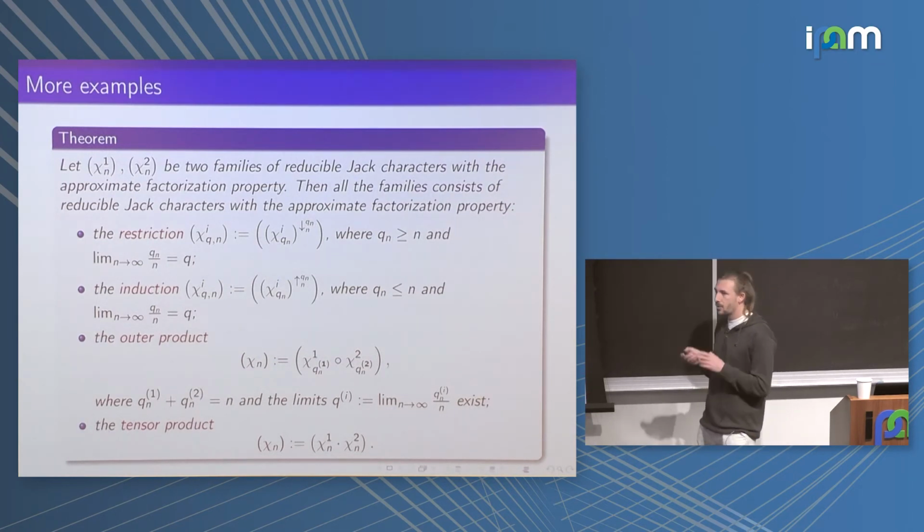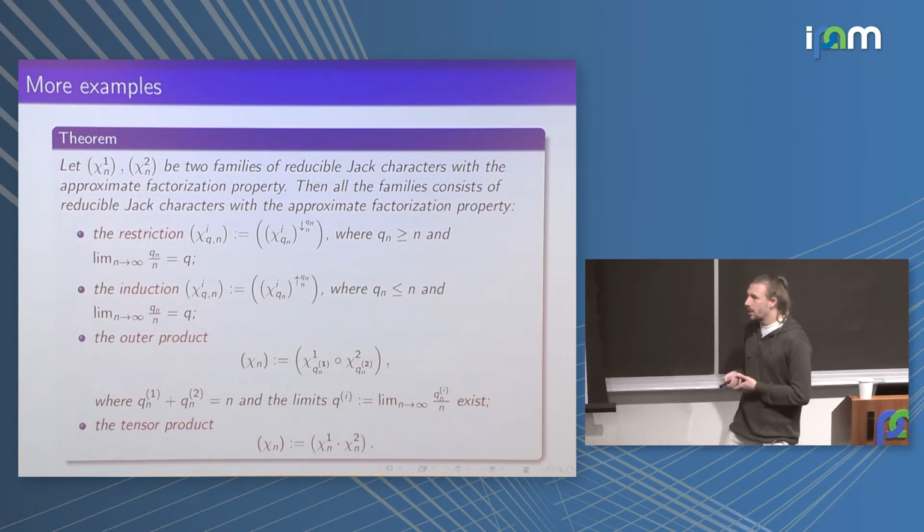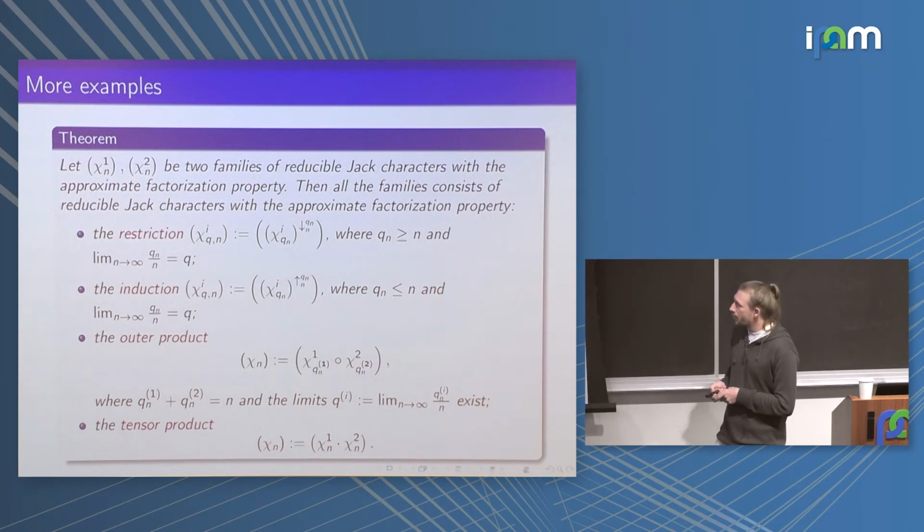And if you start from characters which have the approximate factorization property, then your result also has the approximate factorization property. So you can define the restriction, the induction, outer product, and the tensor product. So if you already have some examples, you can construct more examples.